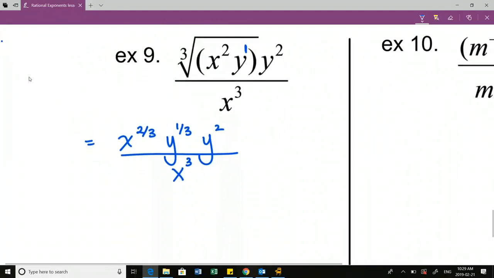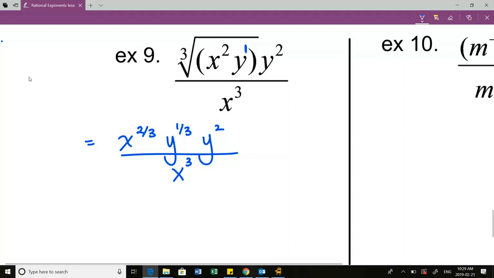Okay. So far, so good? All right, so let's talk about the y's for a second. The y's are being multiplied. When I have two alike bases that I'm trying to combine and they're being multiplied, what do I do with their exponents? Kendall? We add them. Okay, so I need to add 1/3 and 2.